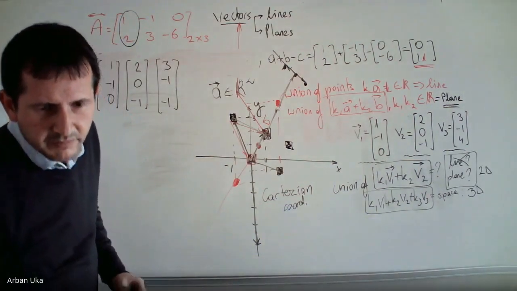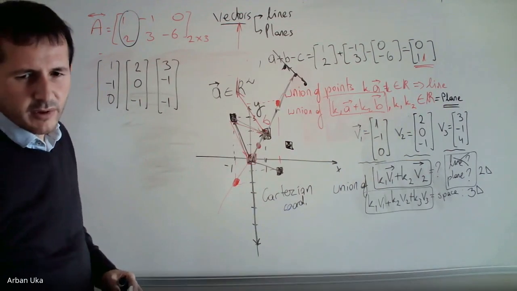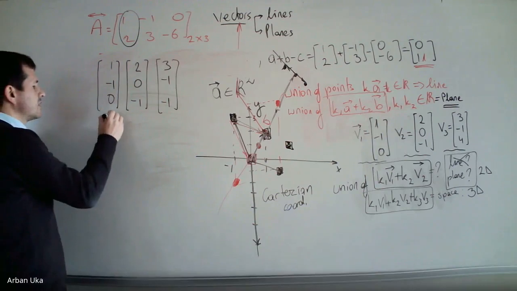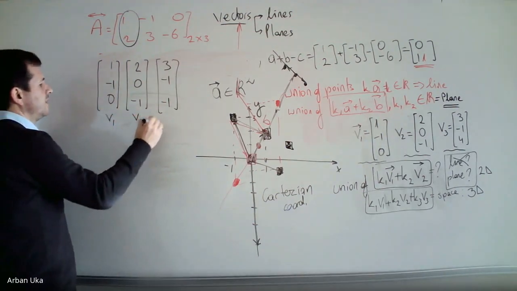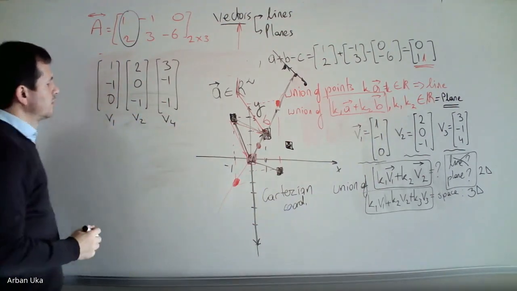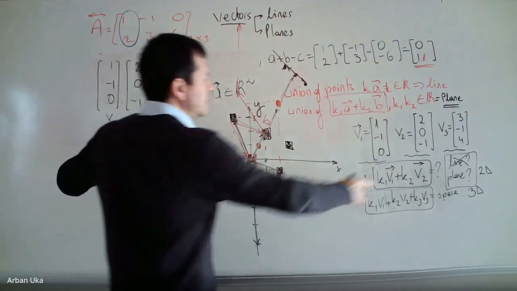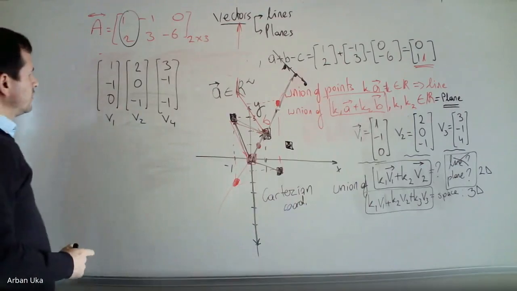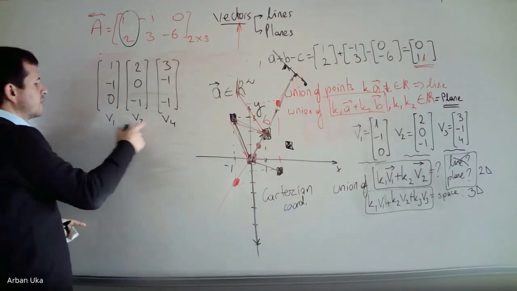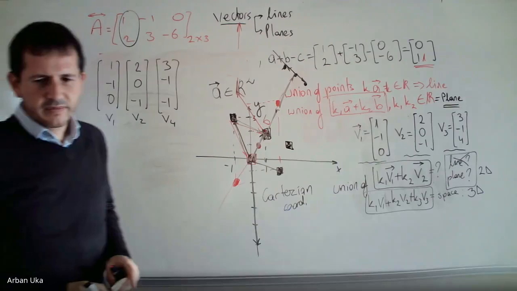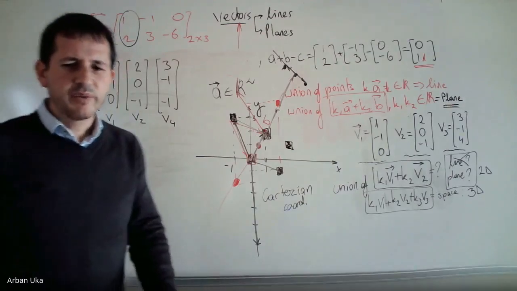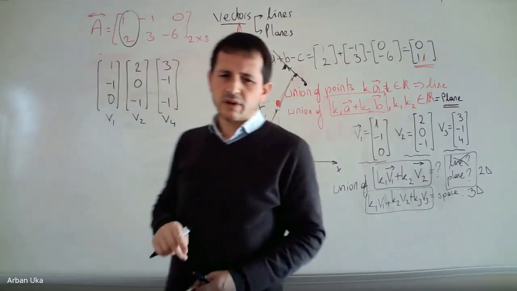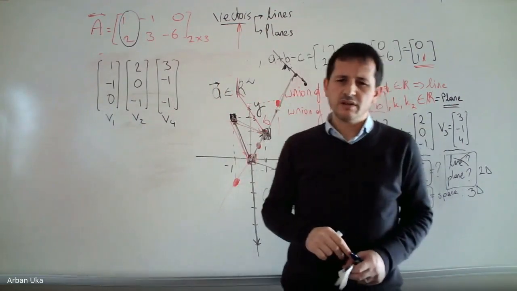Marcelo, can you hear my question again? Having these three vectors, let's call them V1, V2, and V4, because V3 is already somewhere here. What is the linear combination of these three vectors? Can we describe a plane, which is a two-dimensional plane, or can we describe a three-dimensional space?